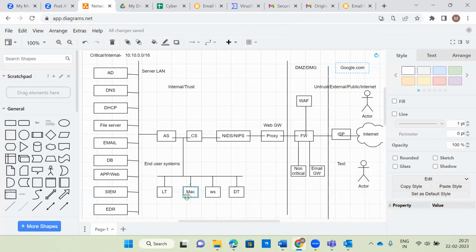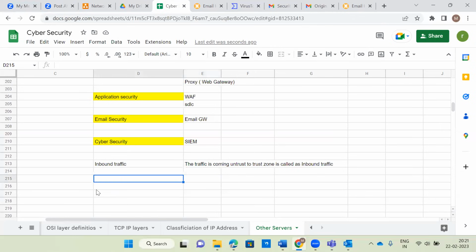So traffic going from trust to untrust is called outbound traffic.